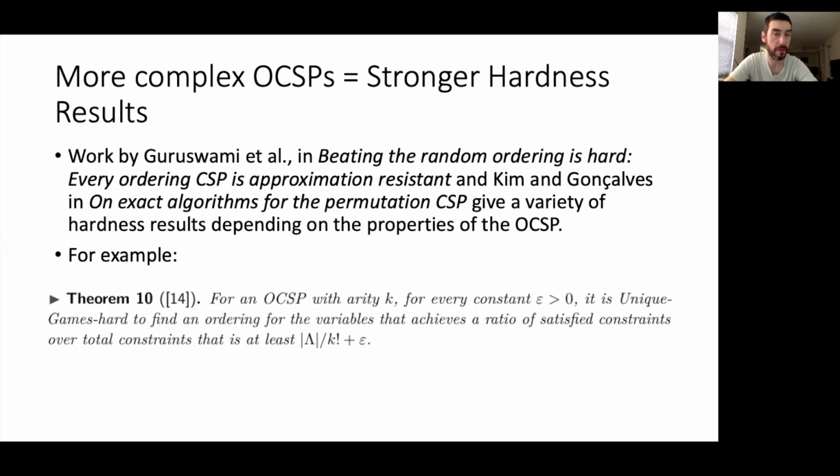So we'll see there are some other hardness results based on ETH, which we'll use, but the point is that we'd like to model more specific, more complicated OCSPs so that we can establish stronger hardness results.